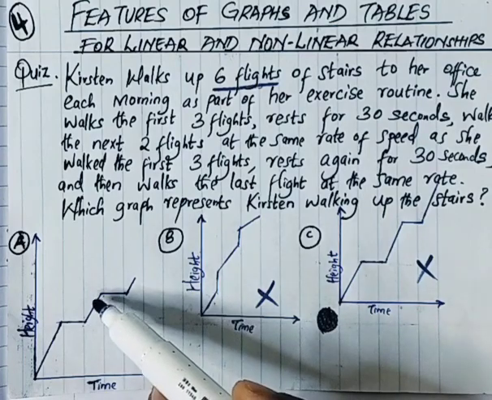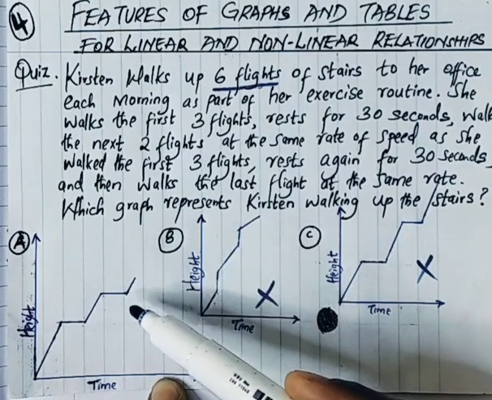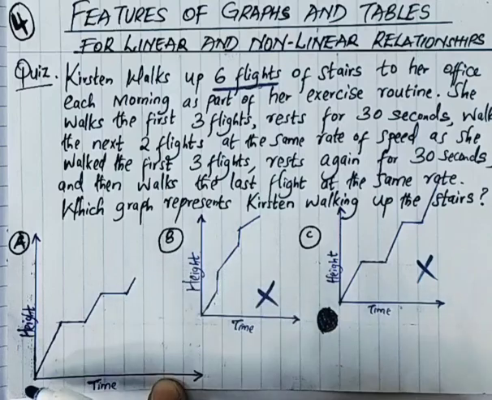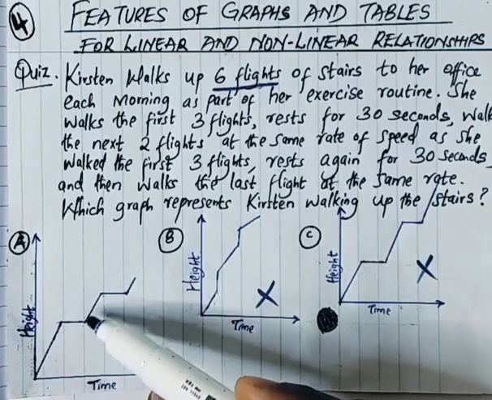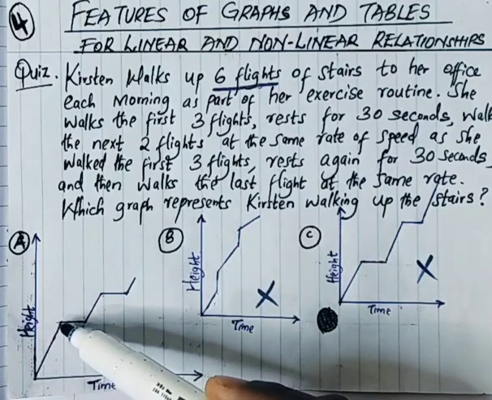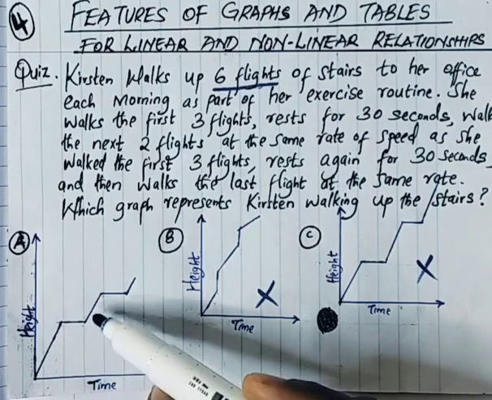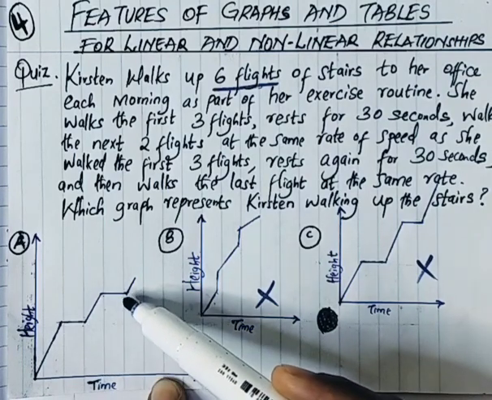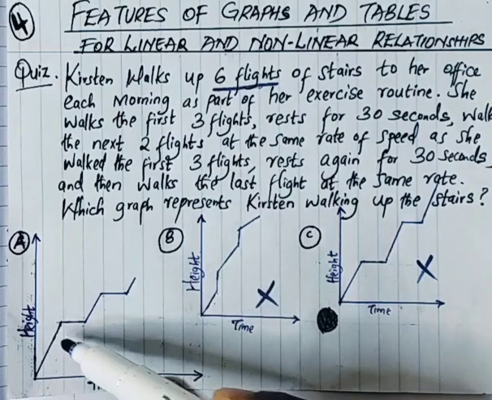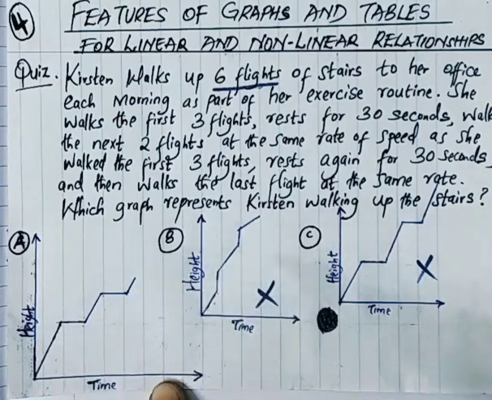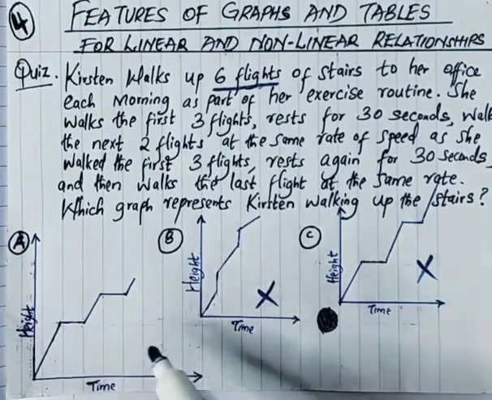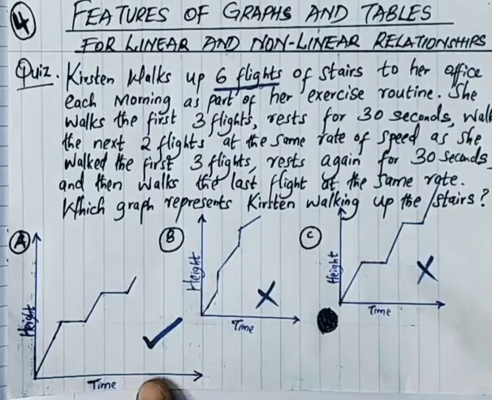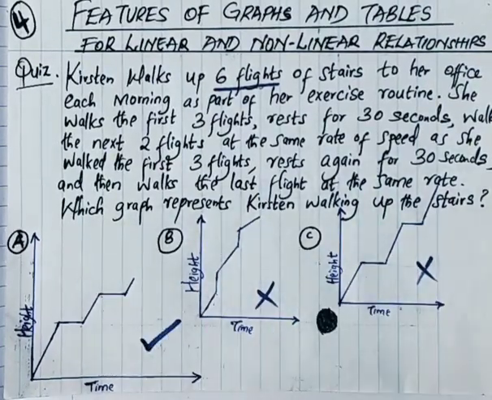Then resting again for 30 seconds, and the last one should be 1, or a third of the first one, or half the second one, because the first one is 3 flights, second one is 2 flights, third one is 1 flight. If you add 3 plus 2 plus 1, you get 6. So A stands to be the correct graph for this information that we are given here.